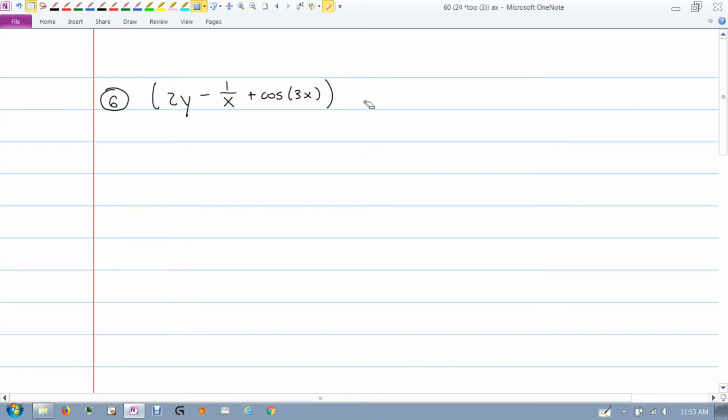Ooh, okay, changing it up here now. dy dx plus y over x squared minus 4x cubed plus 3y sine of 3x equals 0. All right, that looks like a pretty good mess.